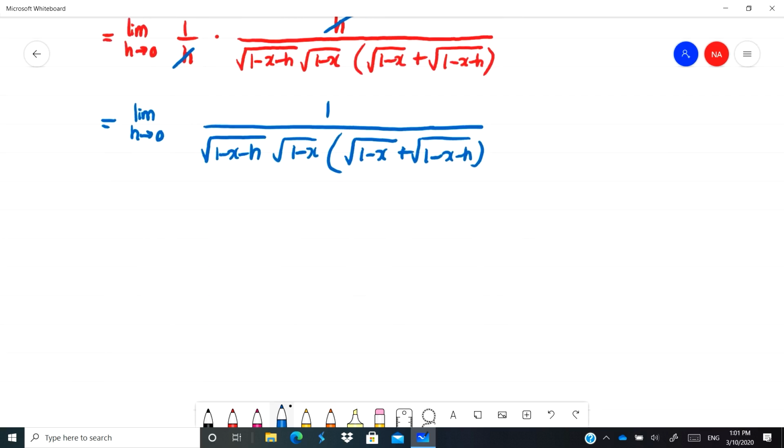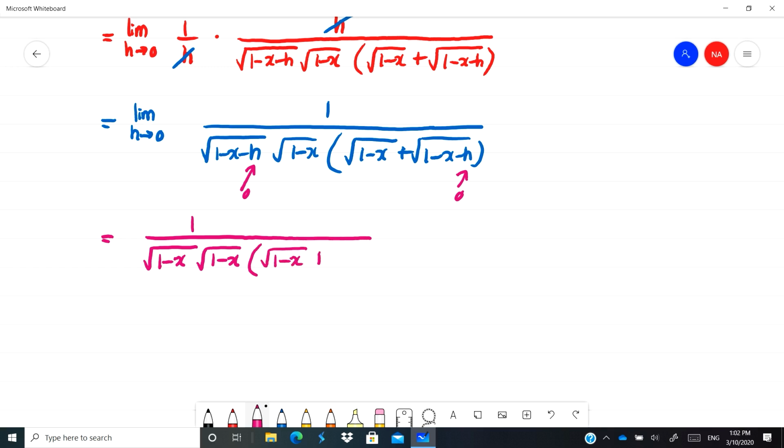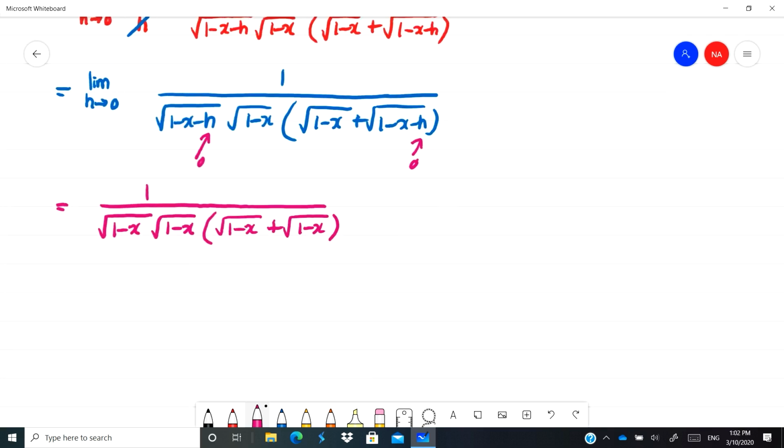Now we are substituting the value of h with 0. So this part will become 0, and also this part will become 0. So we will have 1 over square root of 1 minus x, square root of 1 minus x, and then you have the bracket, square root of 1 minus x plus square root of 1 minus x. So you have to simplify this.